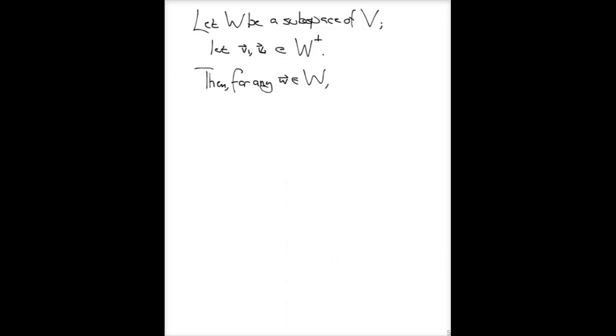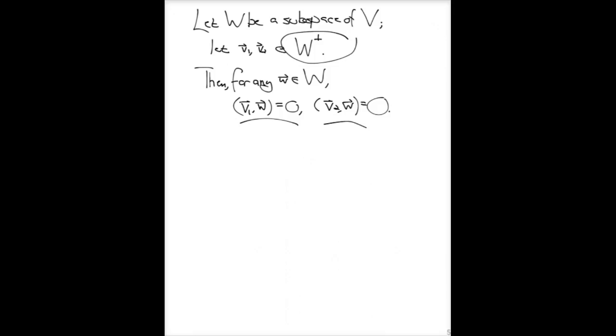Moving on, let's take an arbitrary subspace W in V, and let v1 and v2 be two vectors in the orthogonal complement. Then, for any vector w in W, the inner product of v1 with w is 0, and the inner product of v2 with w is also 0.